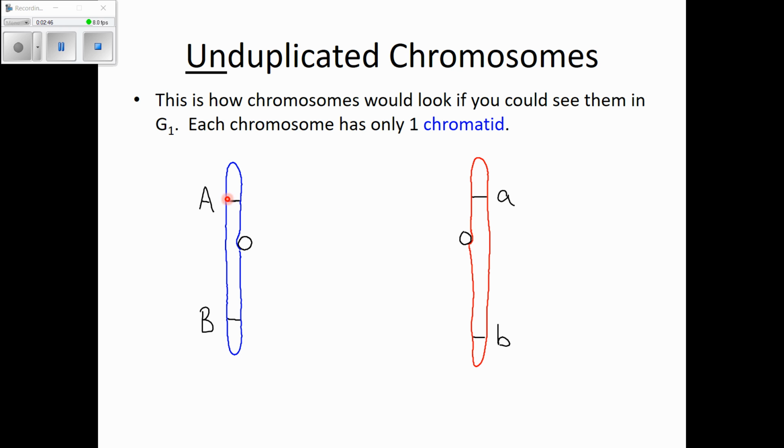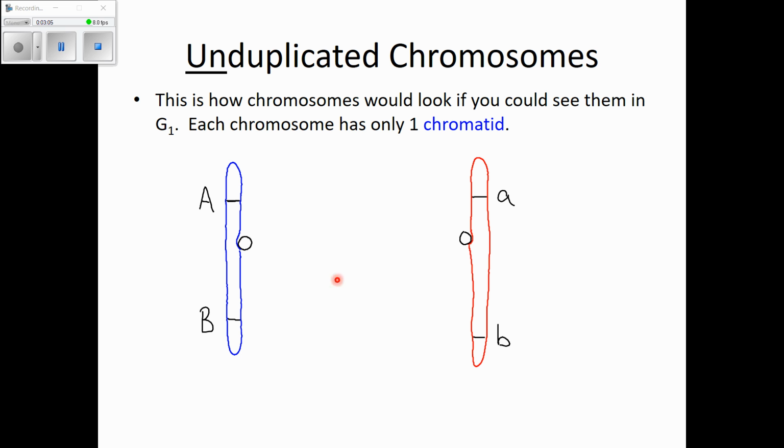Now, in this image, you're looking at two chromosomes. One has been color-coded blue because it was inherited from the sperm cell, and the other is color-coded red because it was inherited from the egg, and that's just a convenient way to color code them.